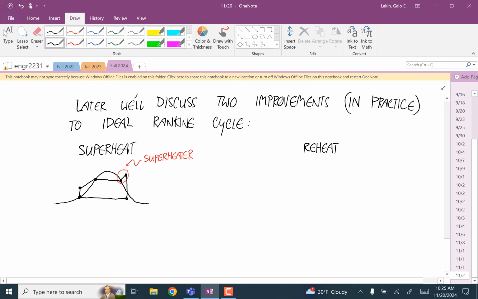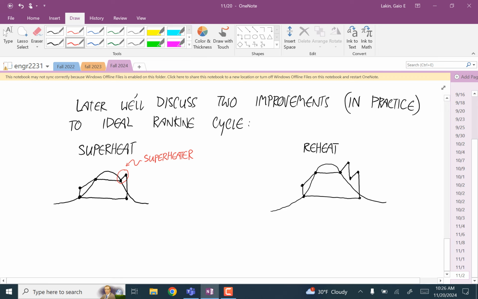So the way the reheat works is you go through the superheater, then you go through one turbine, then you reheat and go through another turbine, before going through the condenser and then through the boiler.